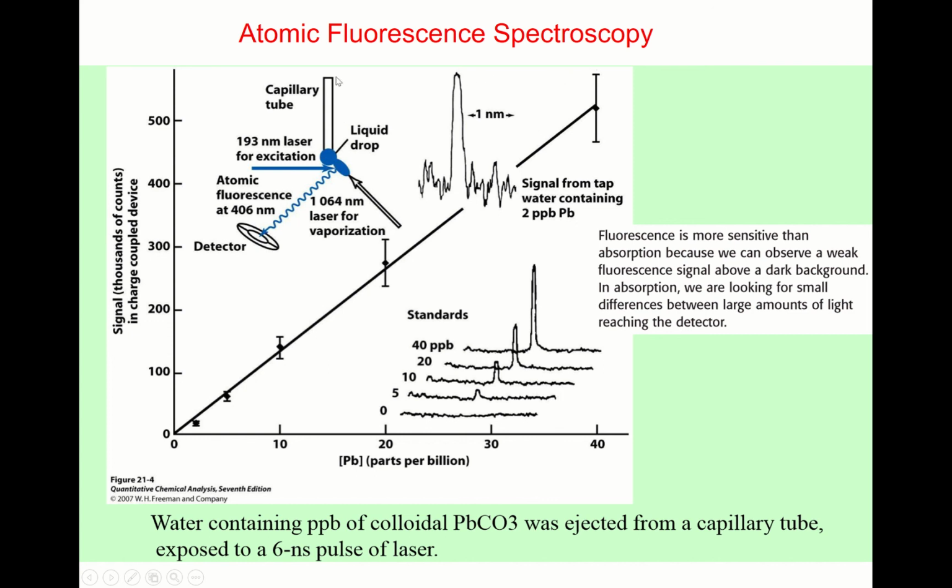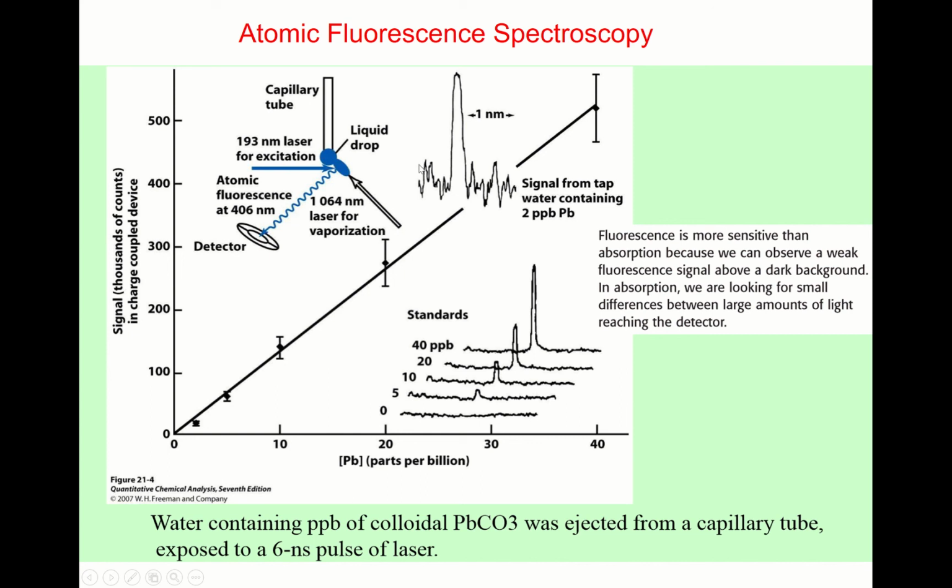Here is the capillary, and in the capillary there is a liquid drop, and on this liquid drop you irradiate. This is a laser beam, a 193 nanometer laser beam.